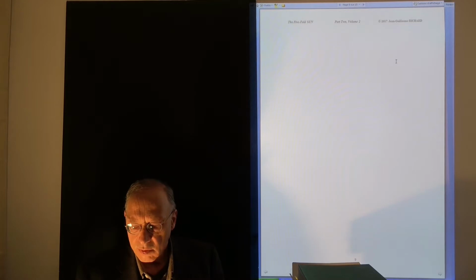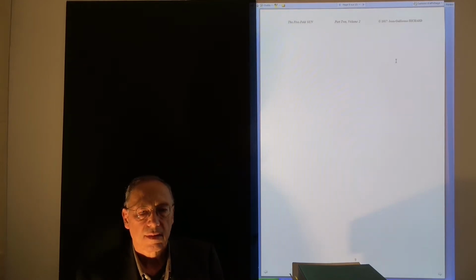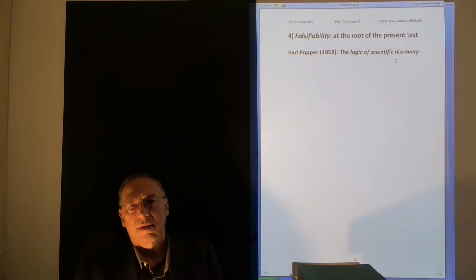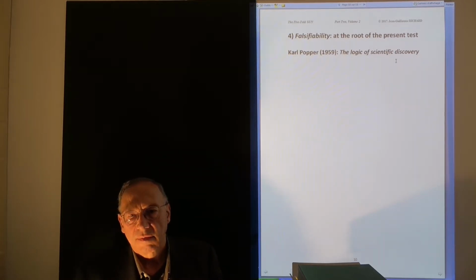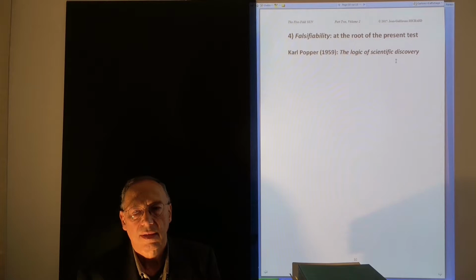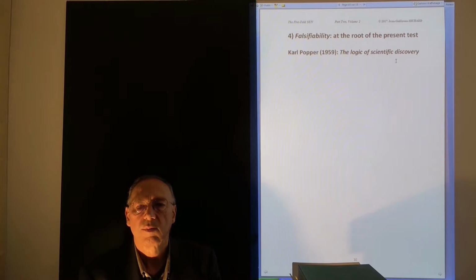So we will now look at some observational evidence with, as our guiding principle, falsifiability, which is at the root of the present test and is a notion that was introduced by the philosopher of science Karl Popper. For instance, in his 1959 book, The Logic of Scientific Discovery.